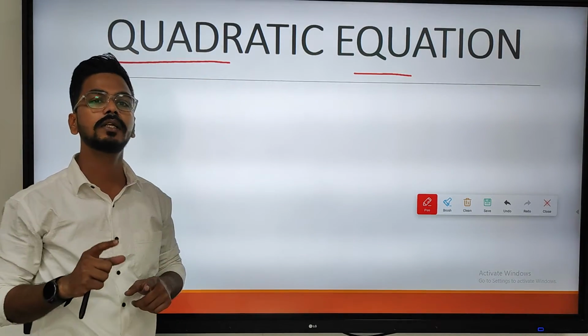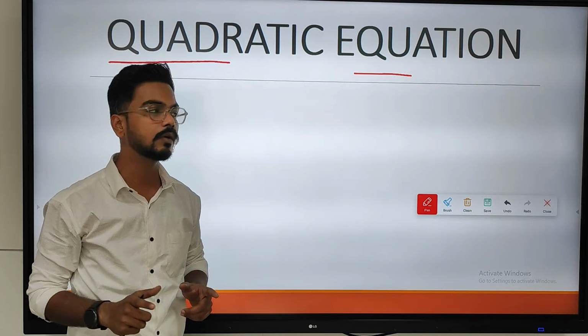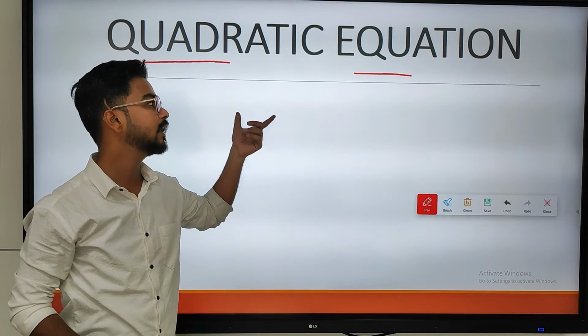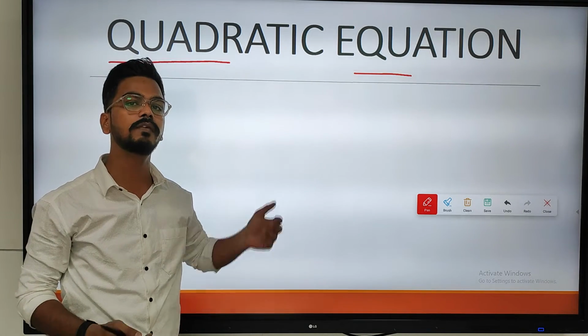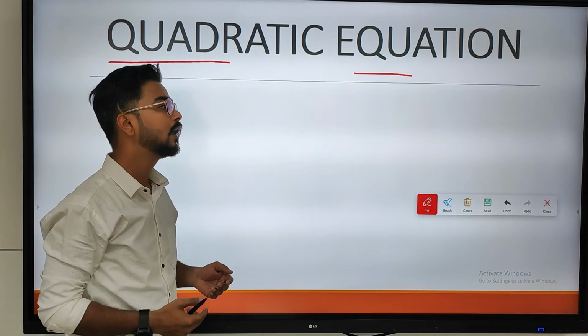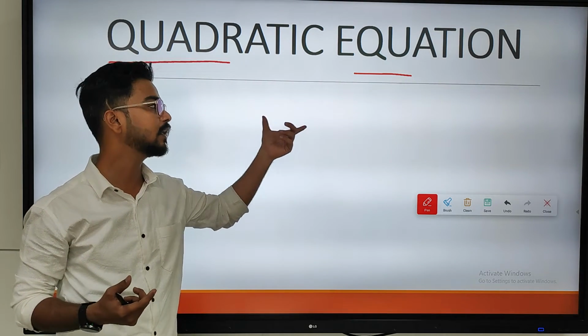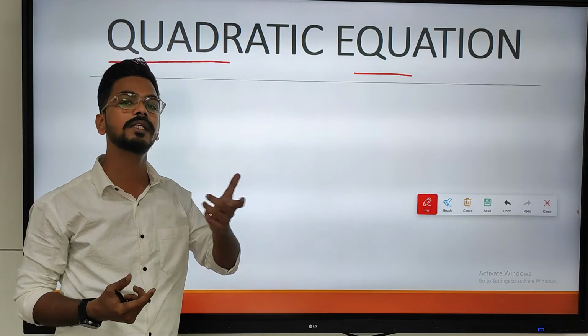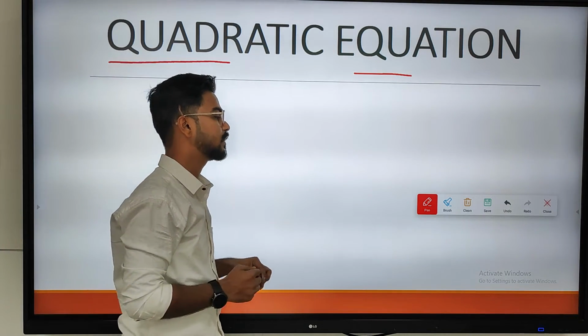First of all, we should learn how to differentiate whether an equation is a quadratic equation or not. So as already explained, if an equation is having the degree 2 or the power 2, it will be termed as a quadratic equation. And what are the terms which can be missing in the standard form of quadratic equation, and what are the necessary terms that should be present. Okay, just remember that thing.